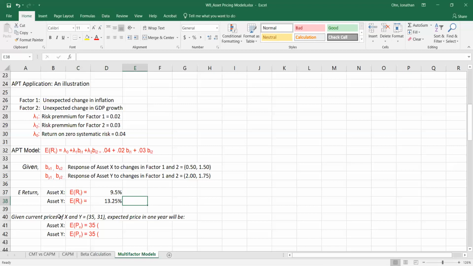Once we calculate the APT return, we can use it. Given that the current prices of X and Y are $35 and $31, the expected price in one year will be, simple, 1 plus 9.5%.